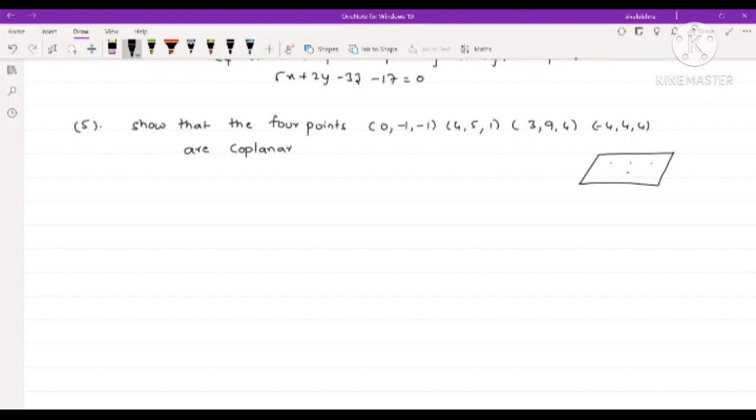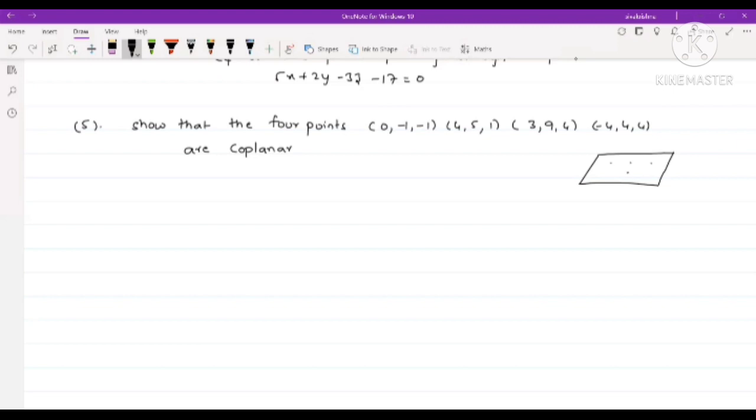So how can we prove that all the 4 points lie on the same plane? Now I am going to find the equation of the plane passing through 3 points. We select any 3 points from the given 4 points, and first find the equation of the plane passing through those 3 points.